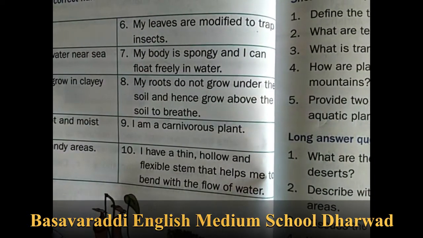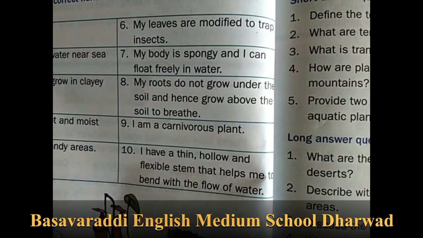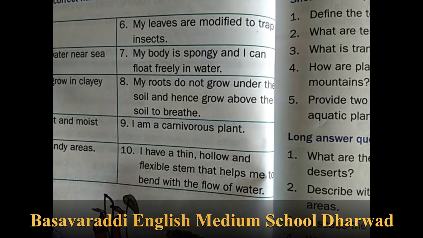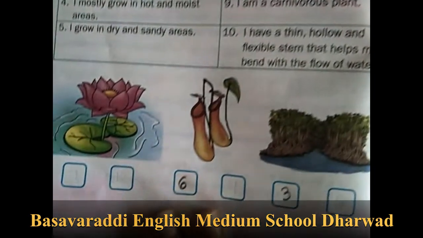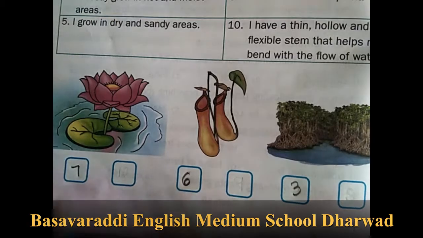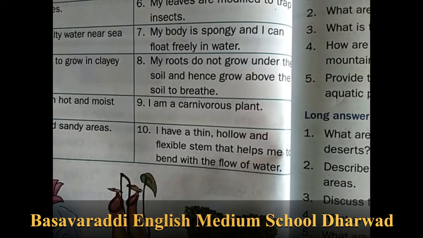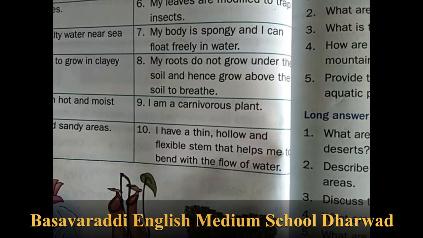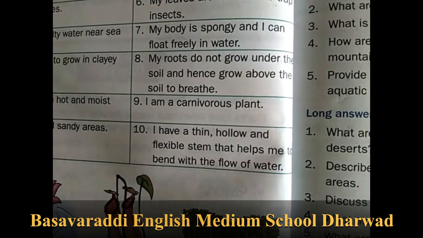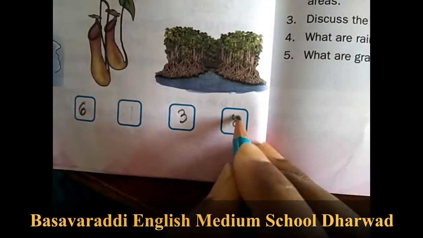My body is spongy and I can float freely in water. That is lotus. My roots do not grow under the soil and hence grow above the soil to breathe. That is mangrove trees.